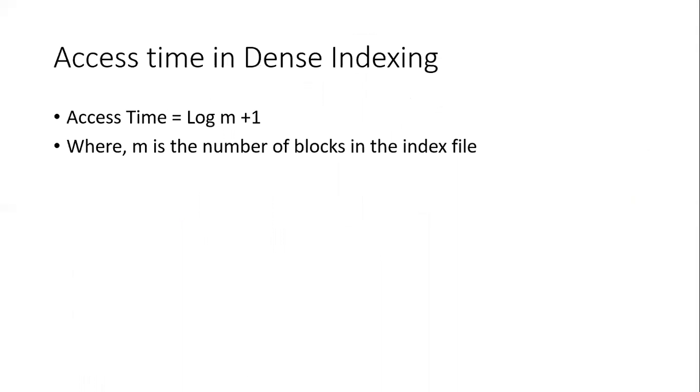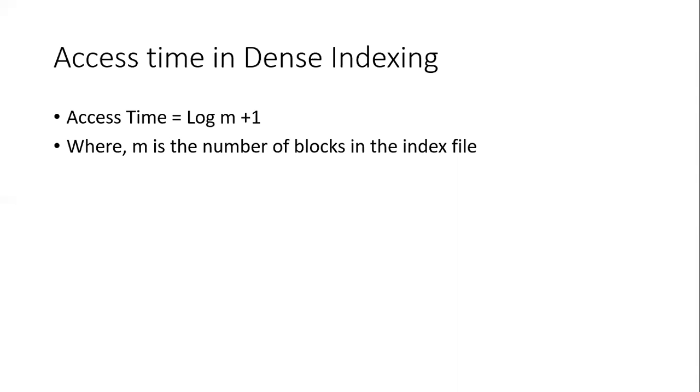Let's discuss the access time in dense indexing. Whenever we need to access a record, first we go to the index file. We all know the entries in the index file are also stored in blocks, so we need to access the blocks.